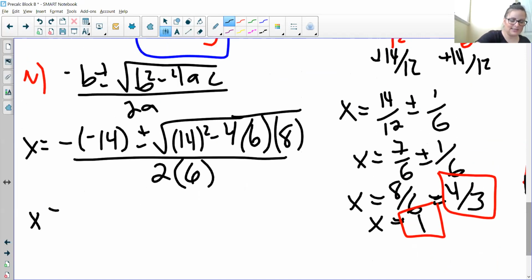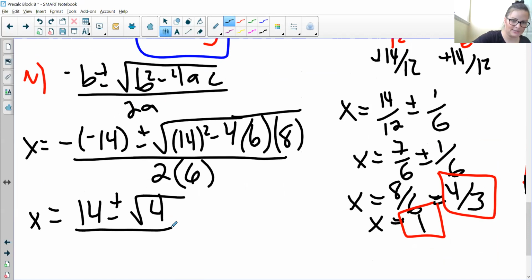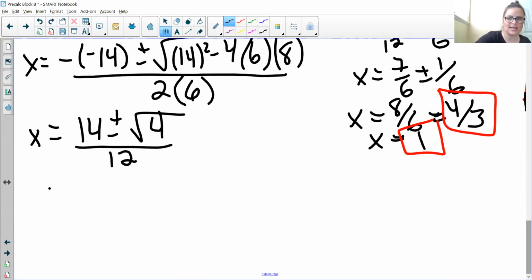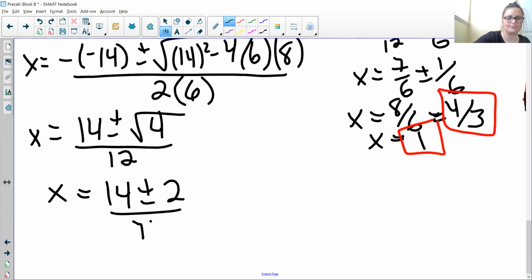So x is going to equal 14 plus or minus the square root of, it's going to end up being a 4, divided by 2 times 6, which is 12, which means x is going to equal 14 plus or minus 2 over 12.